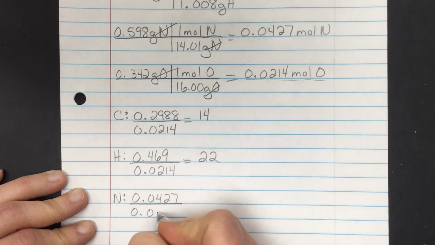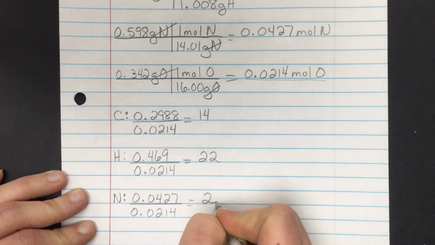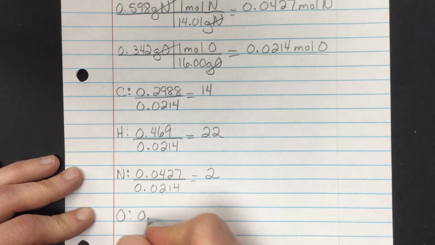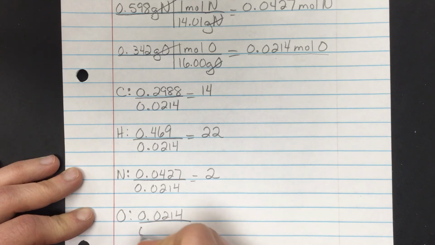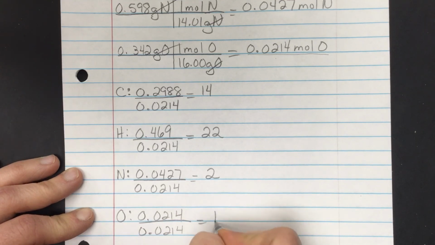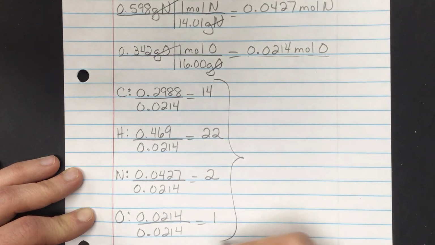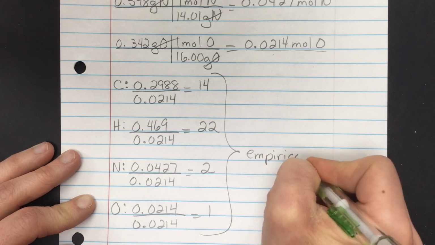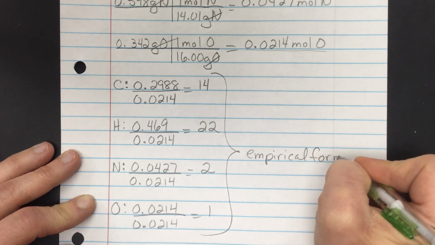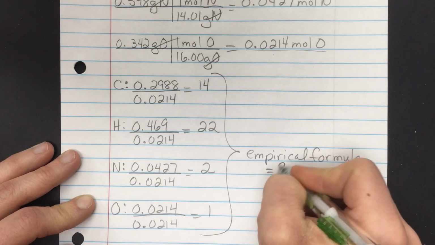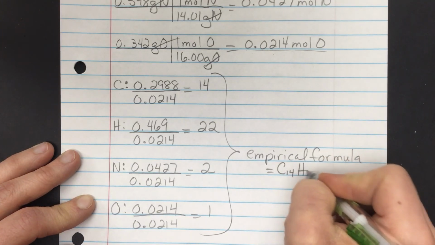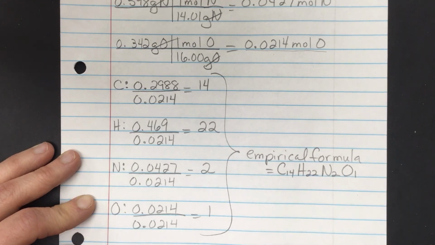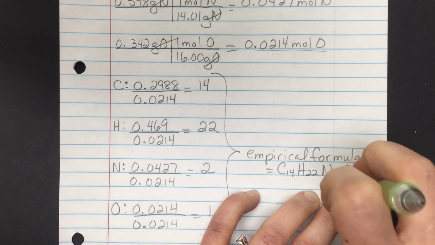Divide that by 0.0214. That rounds off to 2. And for oxygen, I divide it by itself. So I better get 1, right? And I get 1. So my empirical formula is C14H22N2O. Oops, I never write ones.